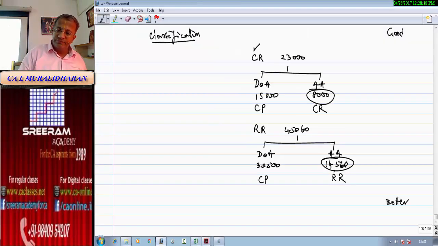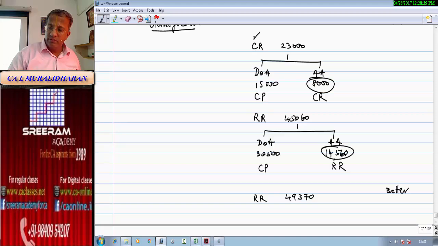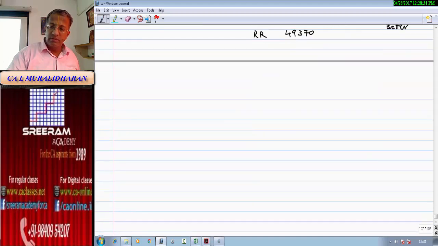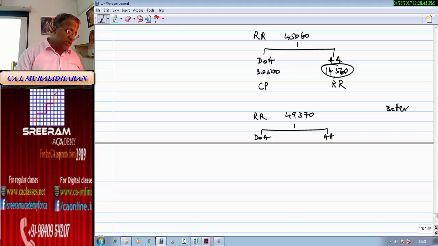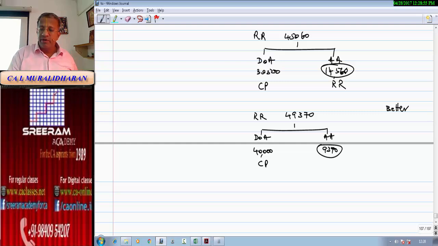Revenue reserve 49,370, date of acquisition and after acquisition. So on the date of acquisition, for the first lot, when they bought, it was 40,000 and 9,370 after acquisition. Capital profit, revenue reserve.